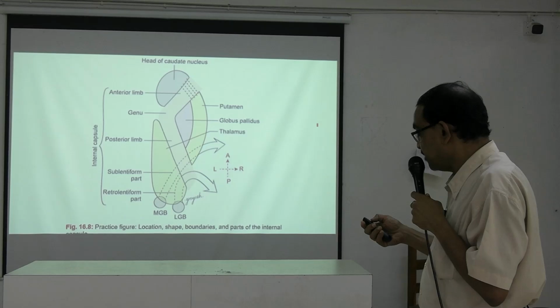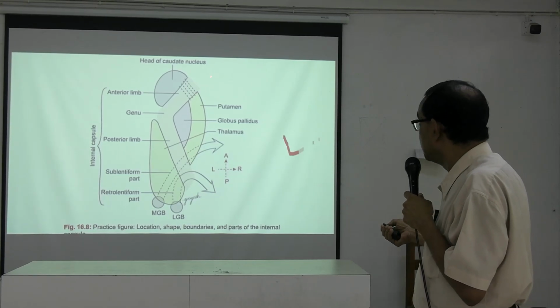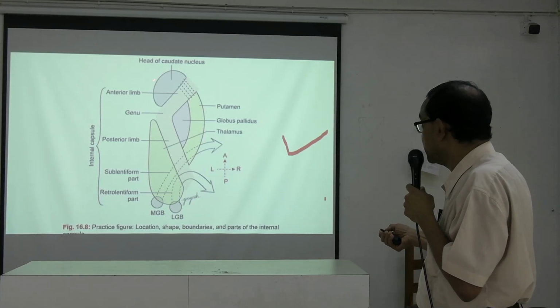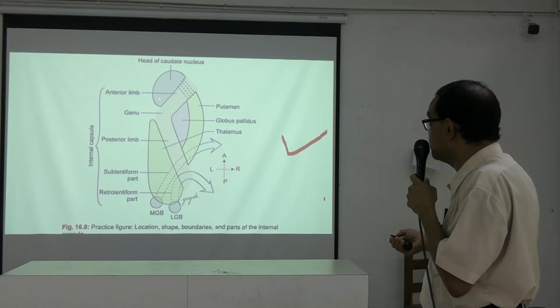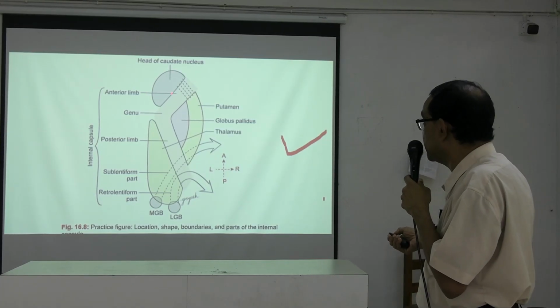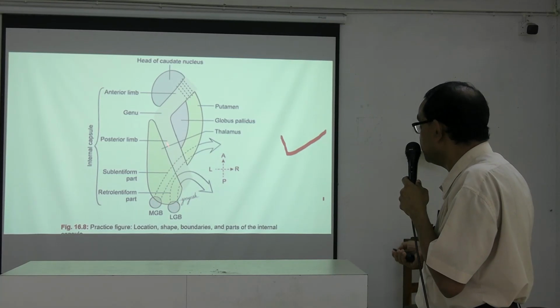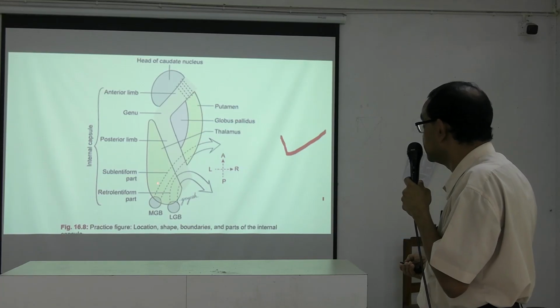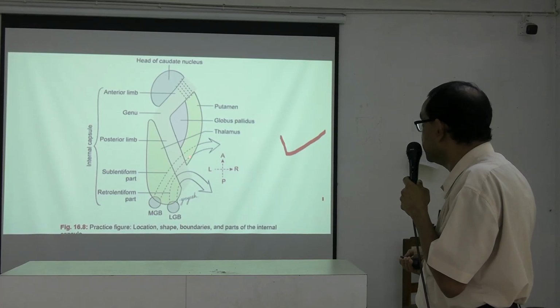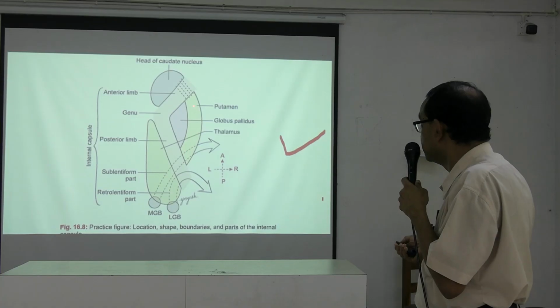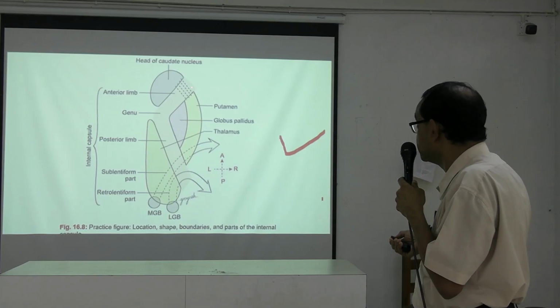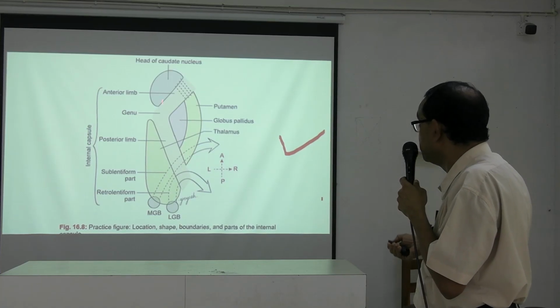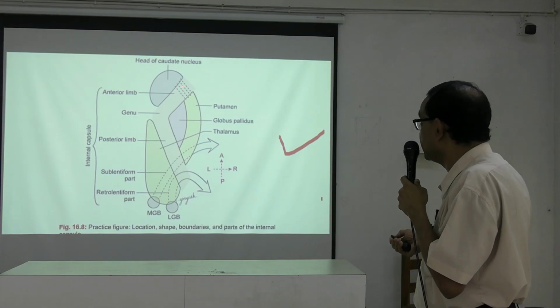This is a very good schematic diagram where we can find, most medially, there are two nuclei, one in front, that is the head of the caudate nucleus, and behind this is the thalamus, and on the lateral side we are getting the lentiform nucleus, that is the putamen and the globus pallidus, and this is the area which is called the internal capsule.